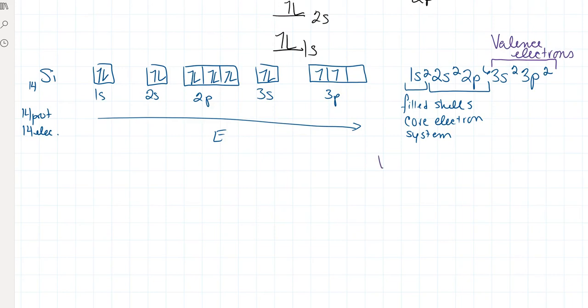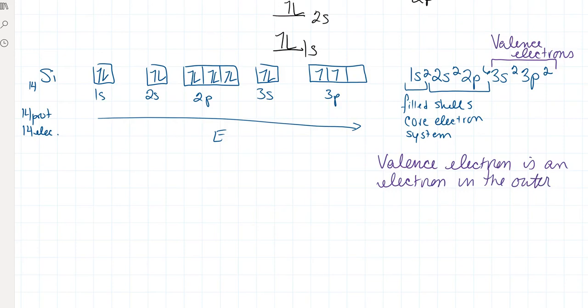A valence electron is an electron in the outermost energy level, and we'll see that these valence electrons are also responsible for chemical reactivity.